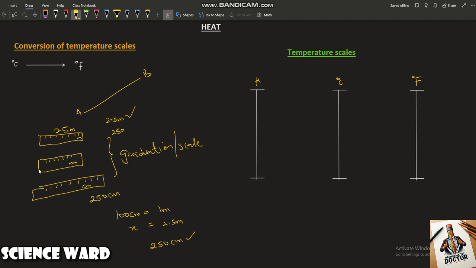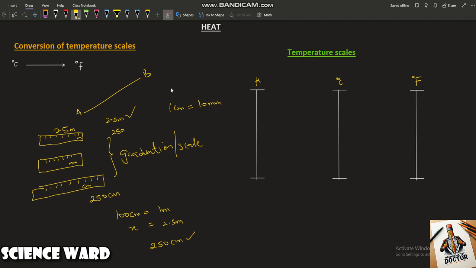If I measure with my millimeter ruler, because 1 centimeter is equal to 10 millimeter, that will be 250 multiplied by 10, which is 2500 millimeter. Did you see that? The same length is measured, but we obtain our answer in three different units. Because the units at which the rulers are graduated are different, we obtain three different answers.